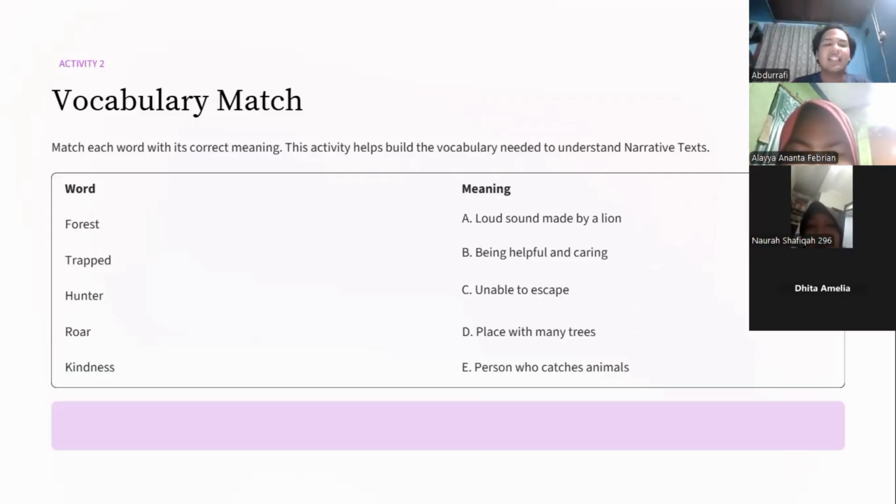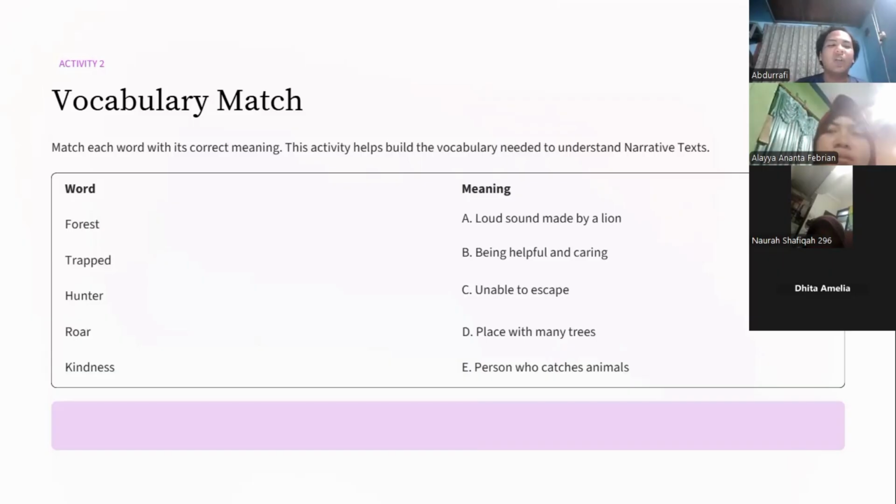And the next word is roar. What is the meaning of this word? Can anyone? I will answer, Mister. Okay, Dita, please. The answer is A. Loud sound made by a lion. Yes, exactly correct. Thank you.